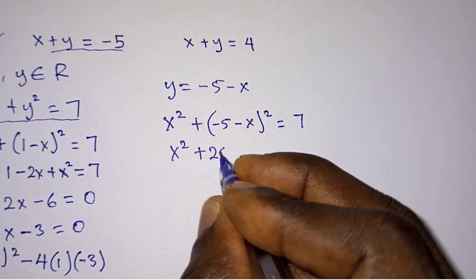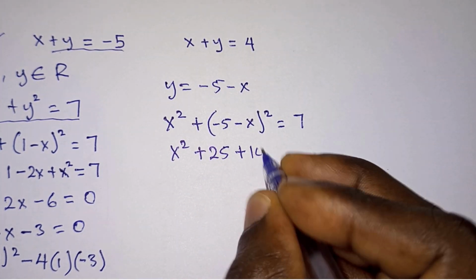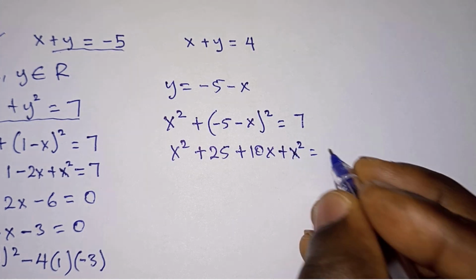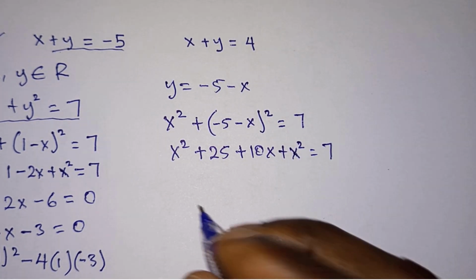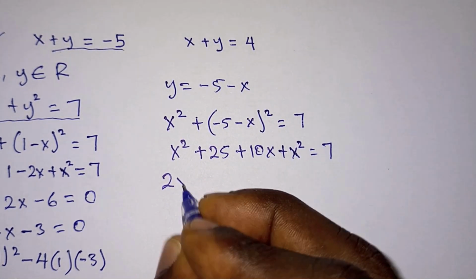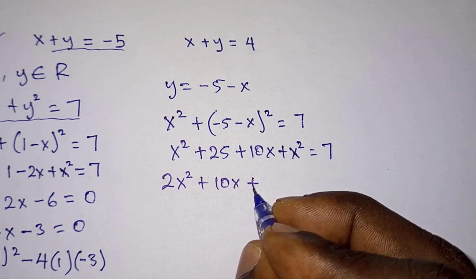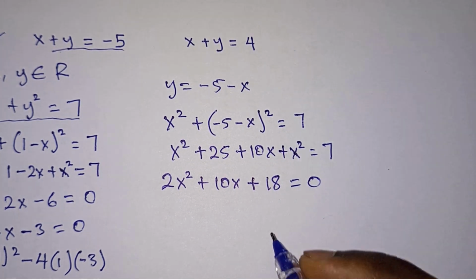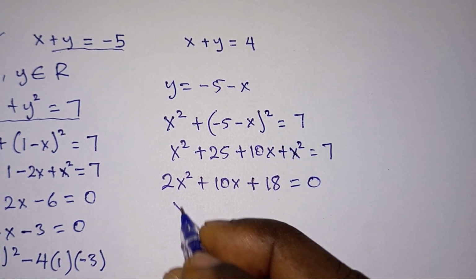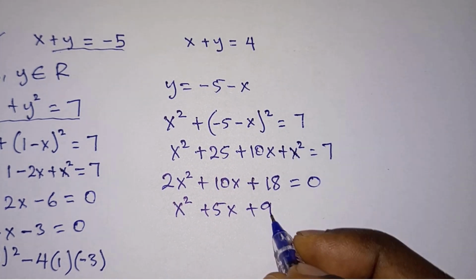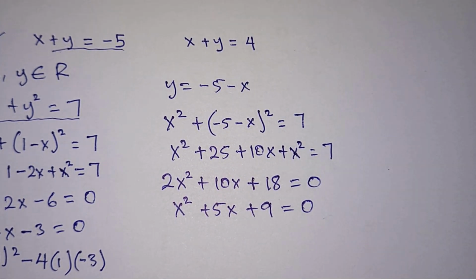We're going to have 25 plus 10x plus x squared is equal to 7. Then we will equate everything to 0. We will have 2x squared plus 10x plus 18 is equal to 0. If we divide through by 2, we have x squared plus 5x plus 9 is equal to 0.